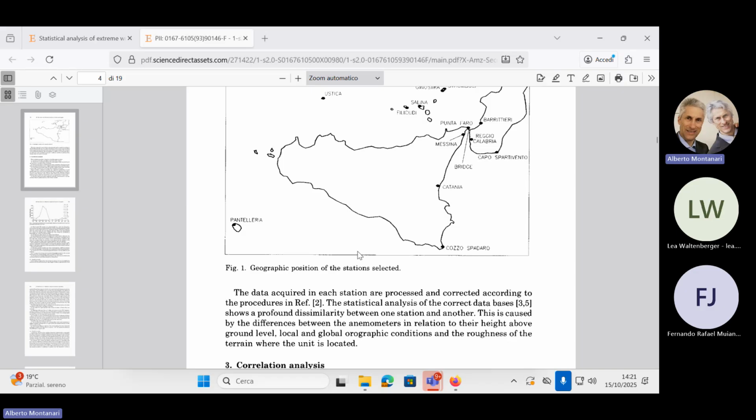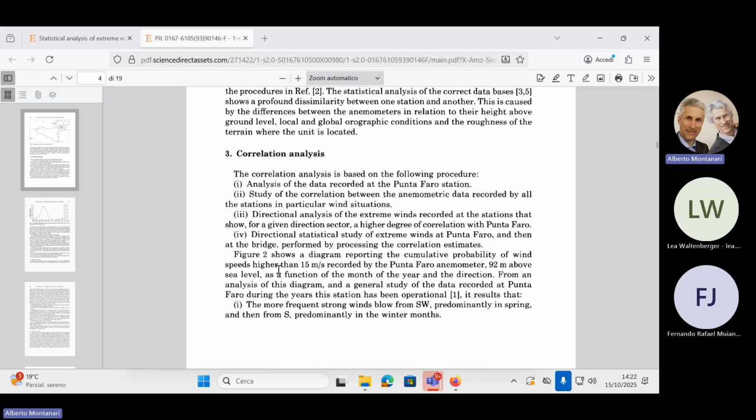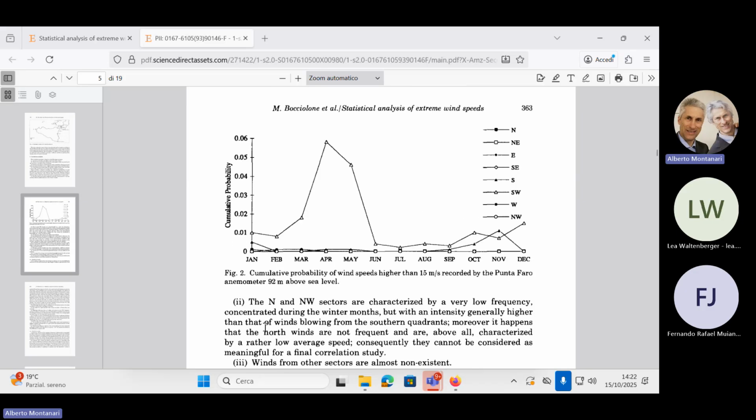Fine. And the data recorded at each station are processed and corrected according to the procedure, and they make reference to a paper. And then there is the correlation analysis. It explains what they did. Okay, it is quite easy to understand. This is a cumulative, I think it is a density actually.